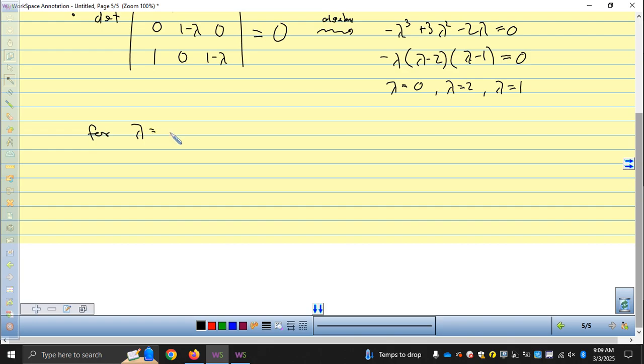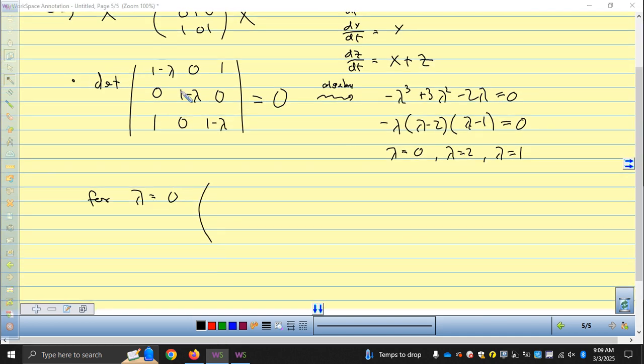For lambda equals 0, I get the matrix 1, 0, 1; 0, 1, 0; 1, 0, 1 times k1, k2, k3, and we need that to be 0. That's a system of equations that we need to solve.